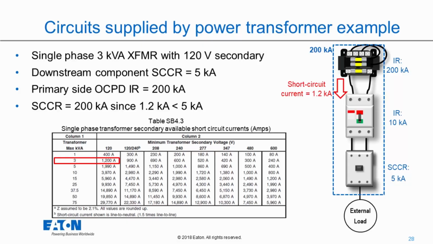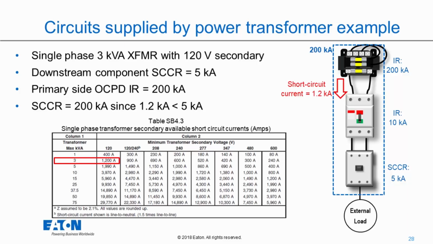Very important to note, I don't just get to automatically make it 200 kA. I make it whatever the interrupting rating of that primary protective device is. So if I'm protecting this transformer with a 10 kA breaker, it's all 10 kA. It's not an automatic 200. It becomes the primary protection interrupting rating.